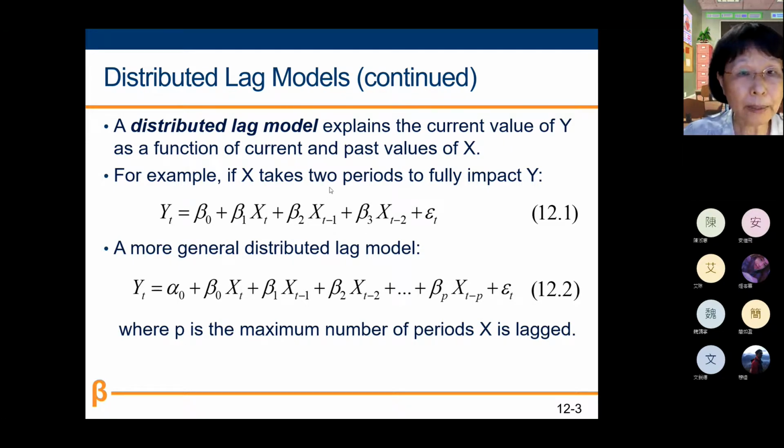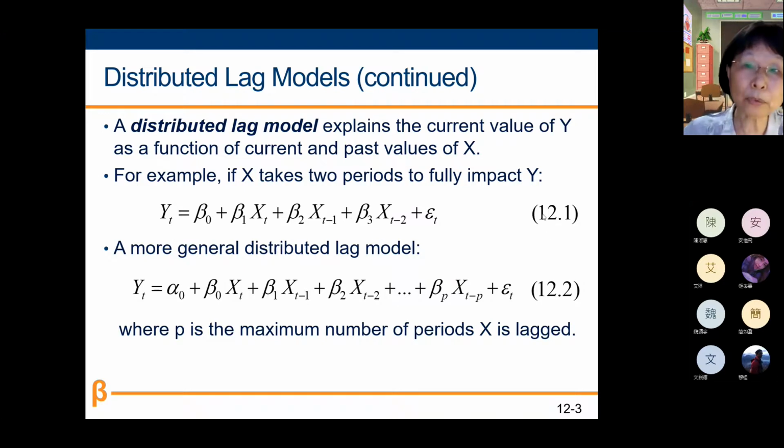So in other words, if I have 2 periods of lag, I need to sacrifice 2 years of data in order to run the regressions.